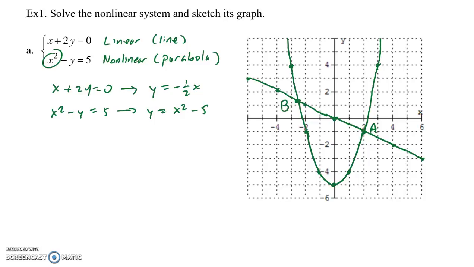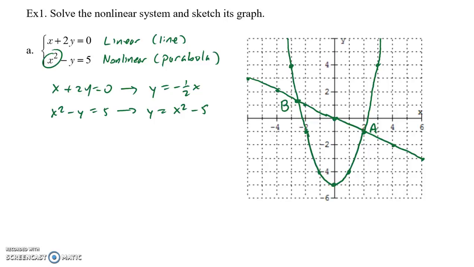So usually we want to have an algebraic approach to solving a system of equations, whether it's linear or nonlinear. The graphical approach is mainly to give us a visual sense of what's going on and the number of solutions we might expect. So there are several approaches we could use in solving this particular system. I'm going to choose to use the substitution method.